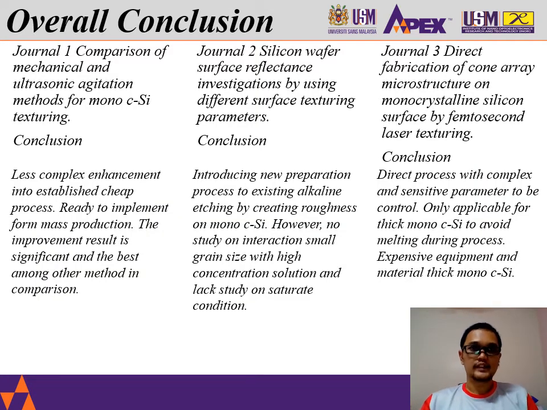The next slide is talking about the overall conclusions comparing journal 1, journal 2, and journal 3. So for journal 1, what I can conclude is that it is less complex and it is an enhancement to a currently established chip process and well-known process that is in mass production currently in the making of a solar panel.